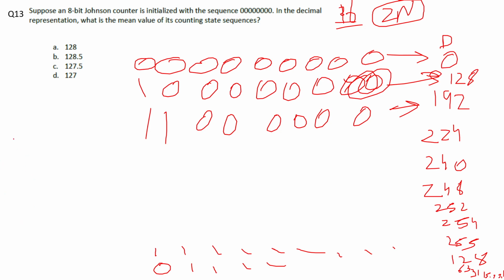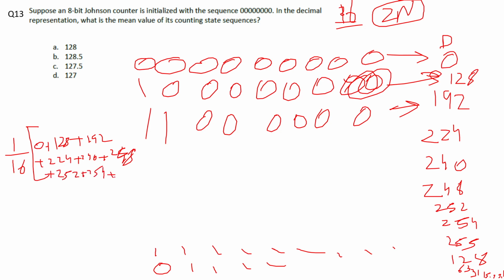So the average value will be 1 by 16 of 0 plus 128 plus 192 plus 224 plus 240 plus 248 plus 252 plus 254 plus 255 plus 127 plus 63 plus 31 plus 15 plus 7 plus 3 plus 1.